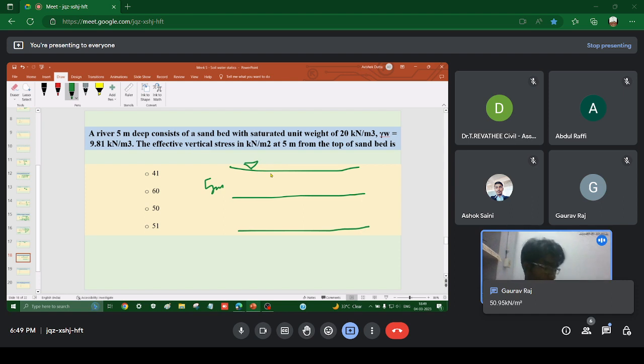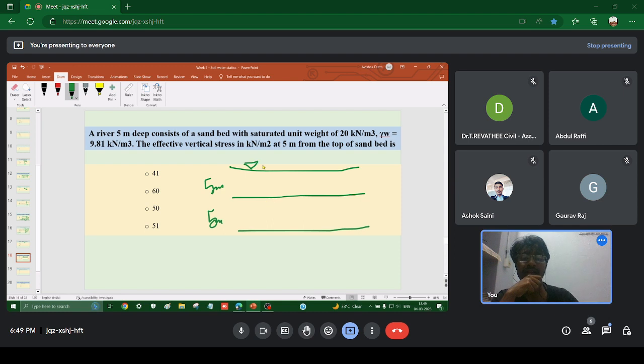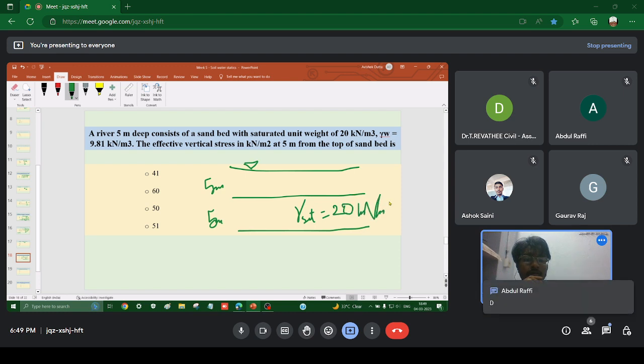Saturated unit weight, gamma sat, is 20 kN per meter cube. Gamma W is given as 9.81. The effective vertical stress at 5 meter from the top.